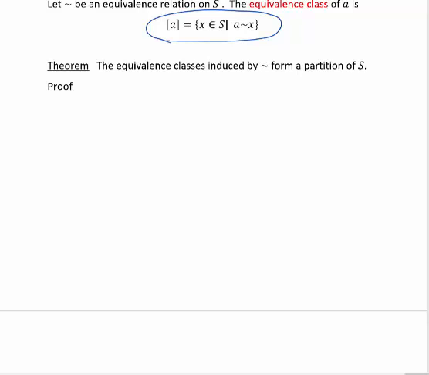One, be sure and look at the notation that I use, and I'm going to, in red, write some little notes for you how to prove things. So we begin by saying, well, we want to prove that the equivalence classes induced by squiggle form a partition of S. So we must show that the union is all of S, and that any two of the equivalence classes that are not equal, in fact, have nothing in common.